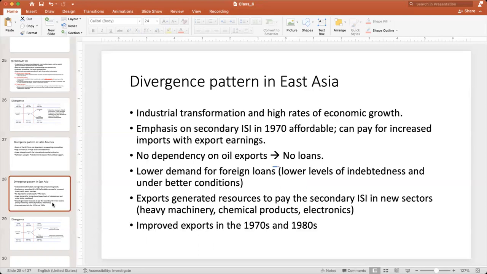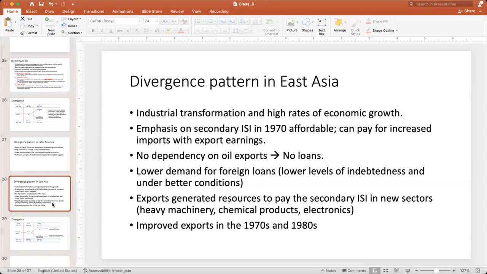But this is the main difference, because in the case of Asia, they didn't have the production of oil. Because of that, there were no loans. They couldn't increase their levels of debt, but they required more foreign capital to keep increasing their investment in industry.